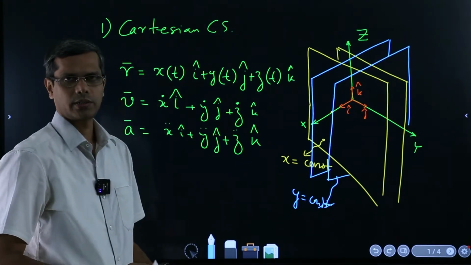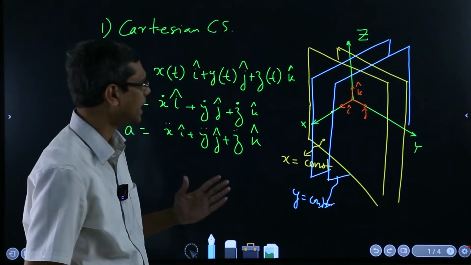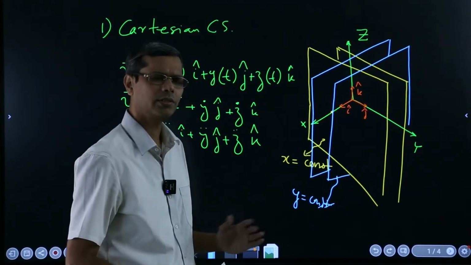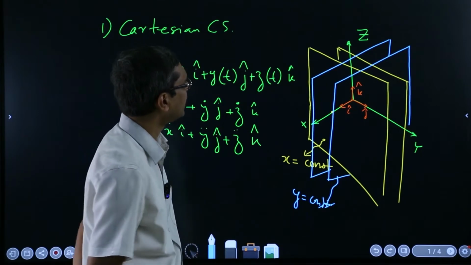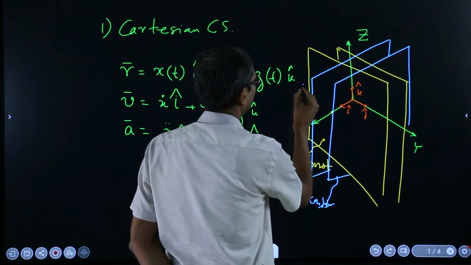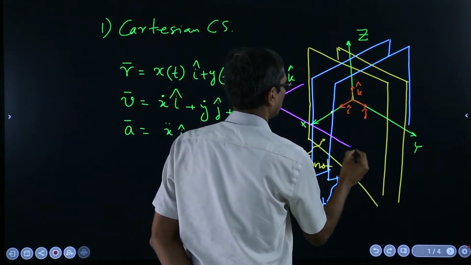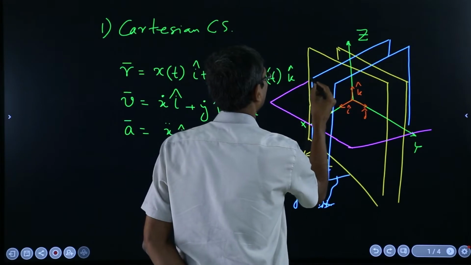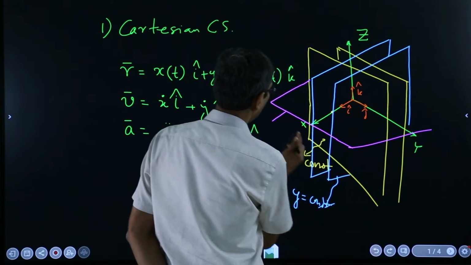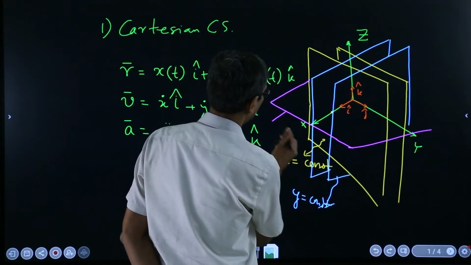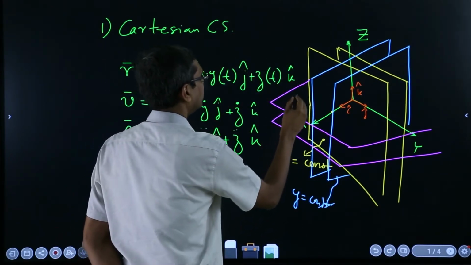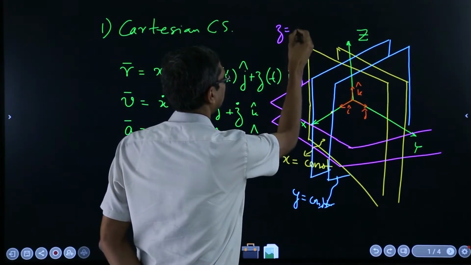So one coordinate is constant over that, and the other two vary over that surface throughout their ranges. And similarly, z, if I want to plot, it will look something like this. Okay. So yeah, this is one surface, maybe another surface will look like this. So these are z equal to constant.